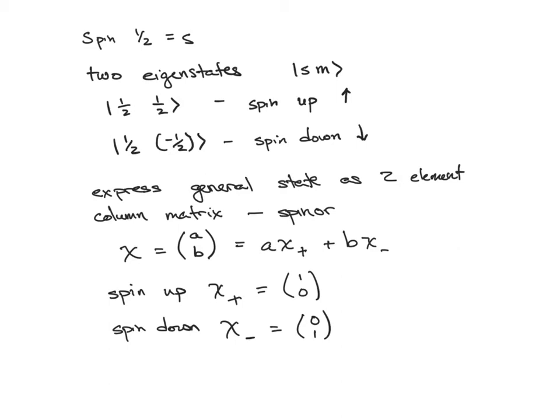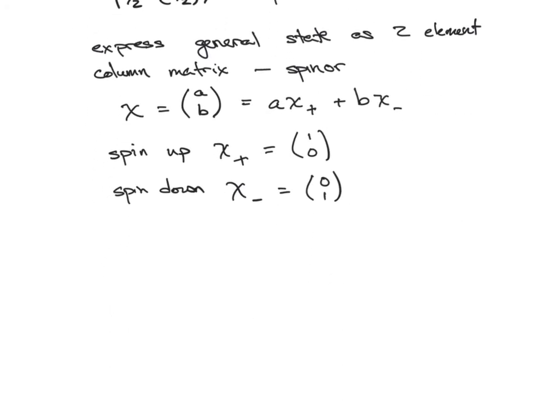So if those are our spinners, the spin operators then have to be 2 by 2 matrices. Let's look at that.